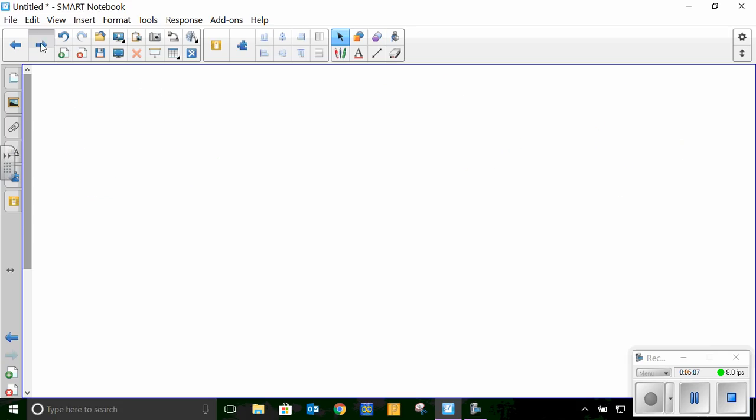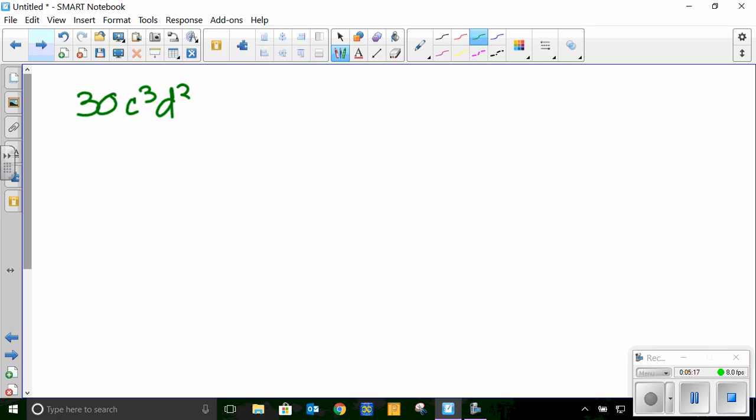All right, we've got one more example, and then we're going to do a little undistributing. So let's say we have this. We have 30c cubed d squared e, and we also have 50c squared de.